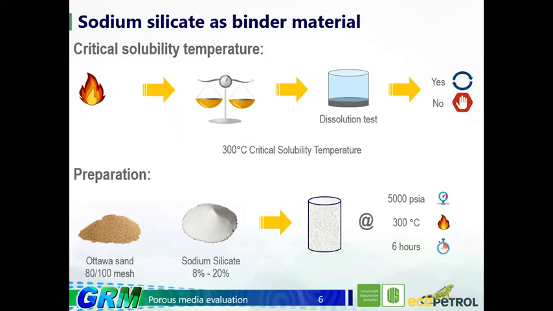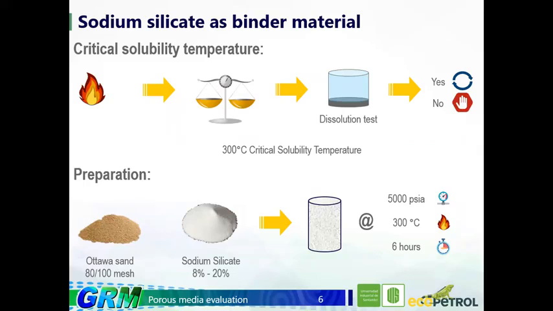So that's why we moved to the second methodology, sodium silicate as binder material. For this part, a previous experiment had to be made to obtain the critical solubility temperature.